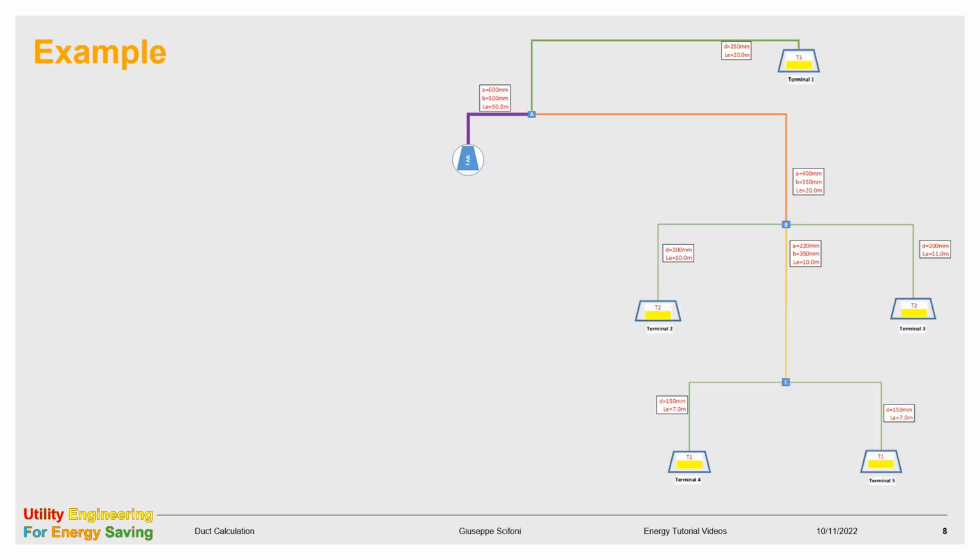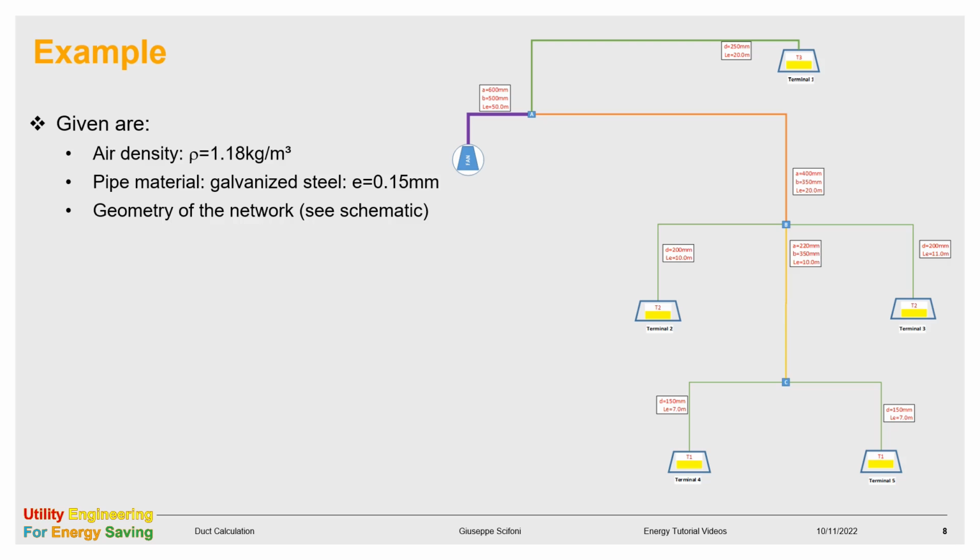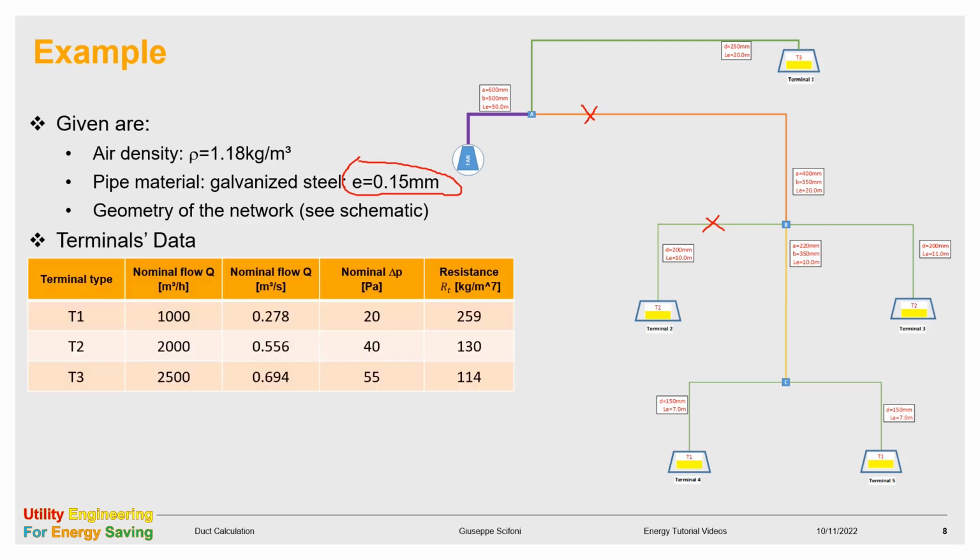We want to run now an example with some real numbers. Given are the air density, the pipe material, therefore the roughness, then the geometry of the network, that means for every branch the length and the size of the duct are known, and moreover the terminals data are known.